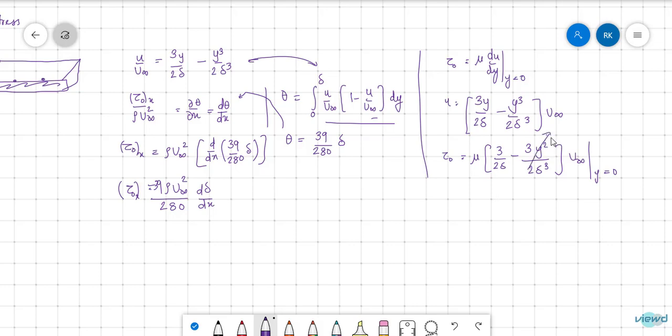So y is equal to 0 means the second term will become 0. So tau naught is 3 mu u infinity by 2 delta.